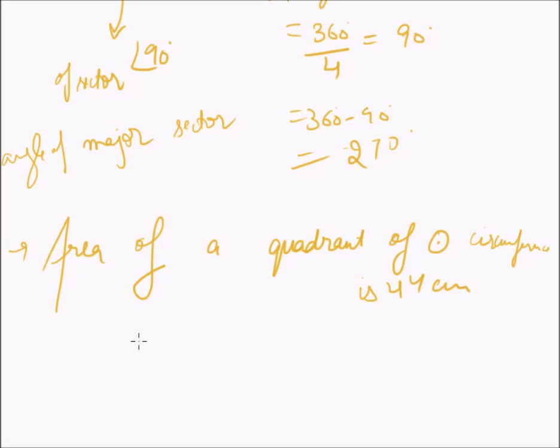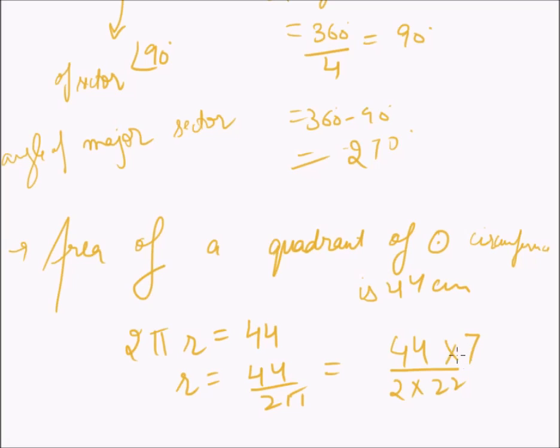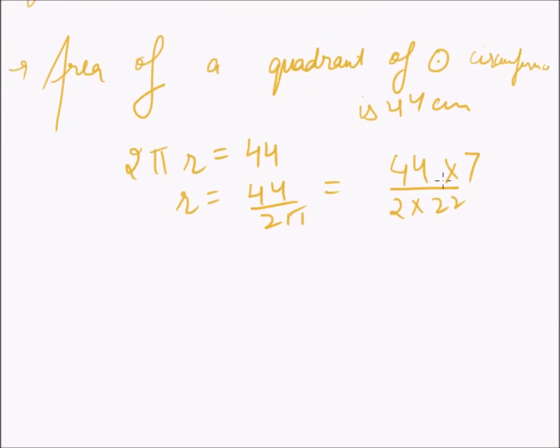Now what is circumference? Circumference is 2 pi r. Thus what is radius? It will be 44 over 2 pi, that is 44 divided by 2 into 22 by 7. So this cancels 44 and the radius comes out to be 7 centimeter.